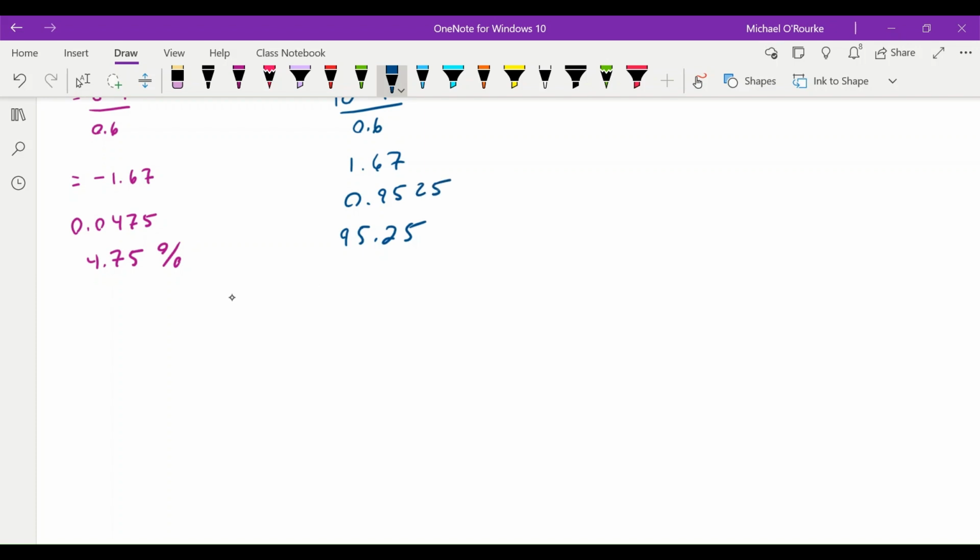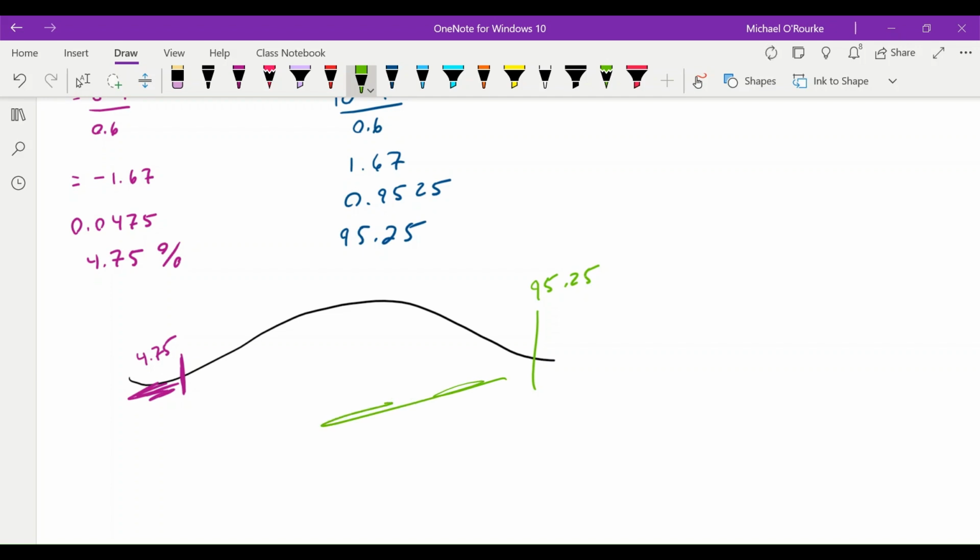So to find the middle, right? So right now I have a situation where I have the purple right here, which is only covering 4.75% of it. And then I have this one way over here, which is covering 95.25% of it.